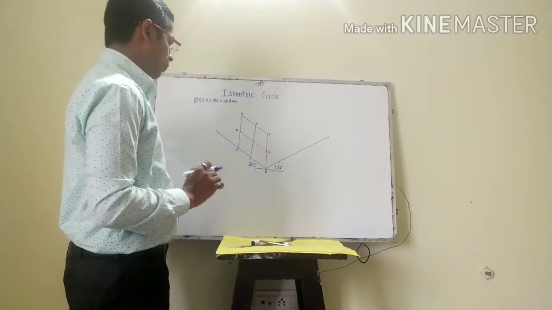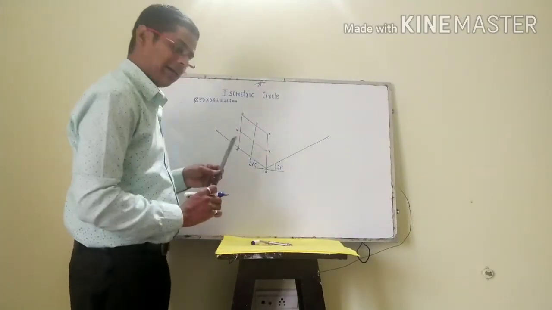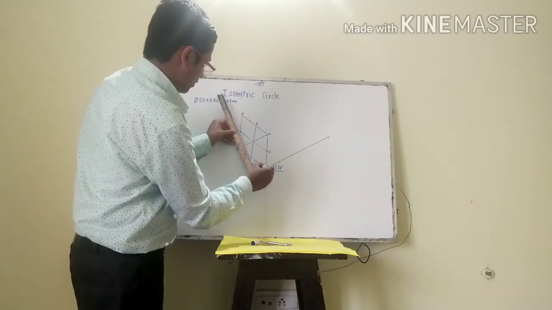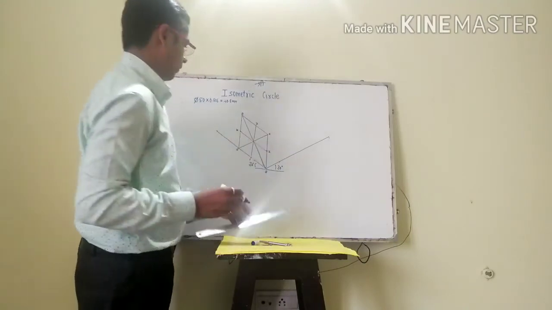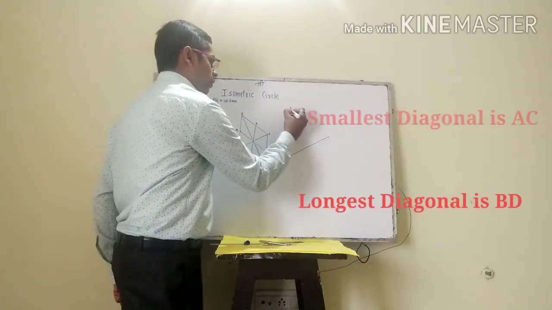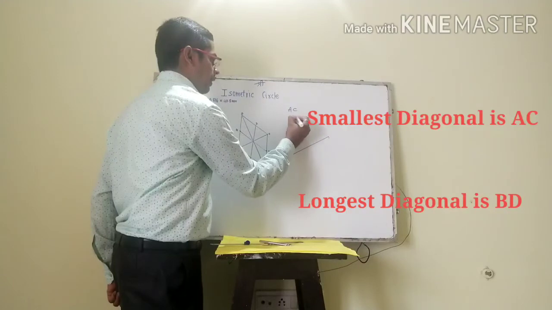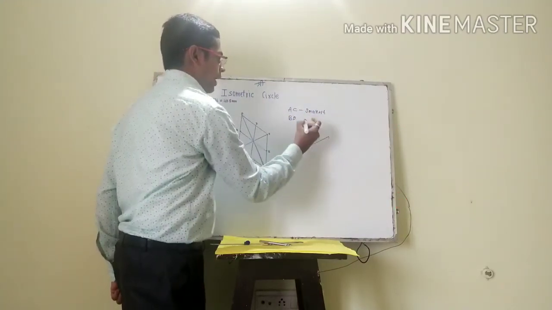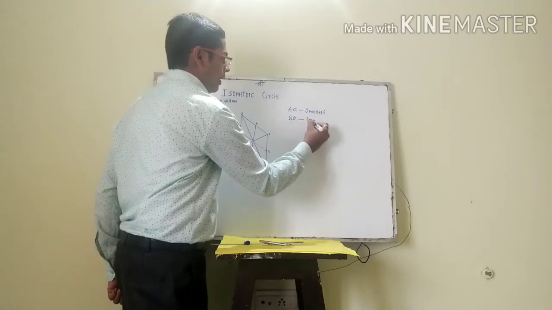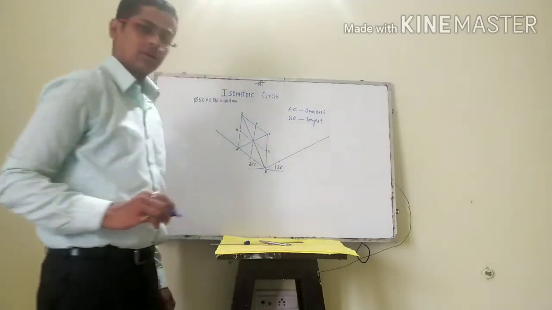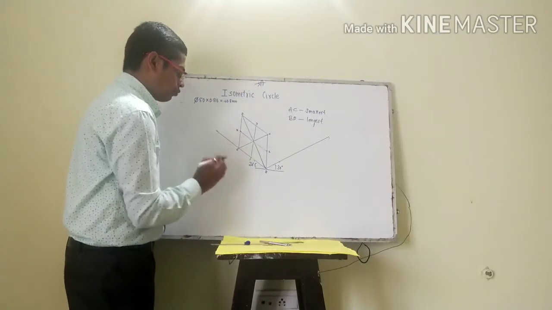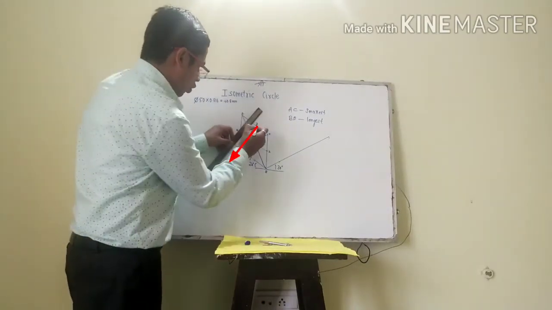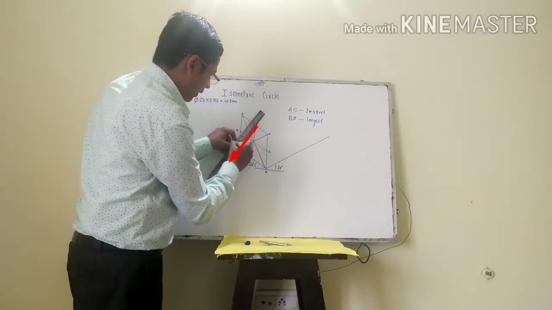Next is to join the diagonals. So the diagonals are AC as well as BD. I will write here diagonals AC and BD. AC is the smallest and BD is the longest diagonal. First, from 3 to B I will draw one line and connect this.